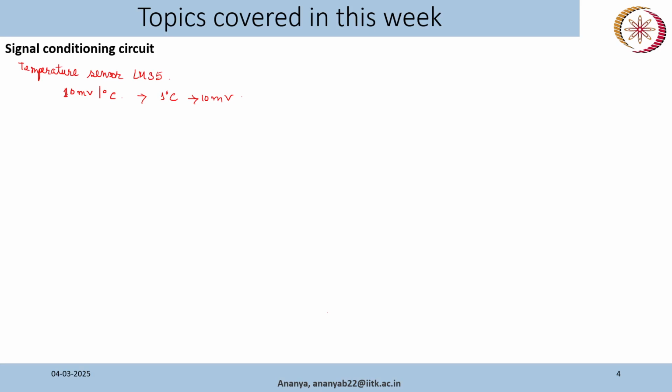There will be other circuits, like the interfacing circuit, and the first step is to do the proper conditioning of the output signal using a signal conditioning circuit, and then you will interface with the other part of our system. I hope that you have watched the videos where this topic was discussed, so it will be easier for you to understand. Okay.